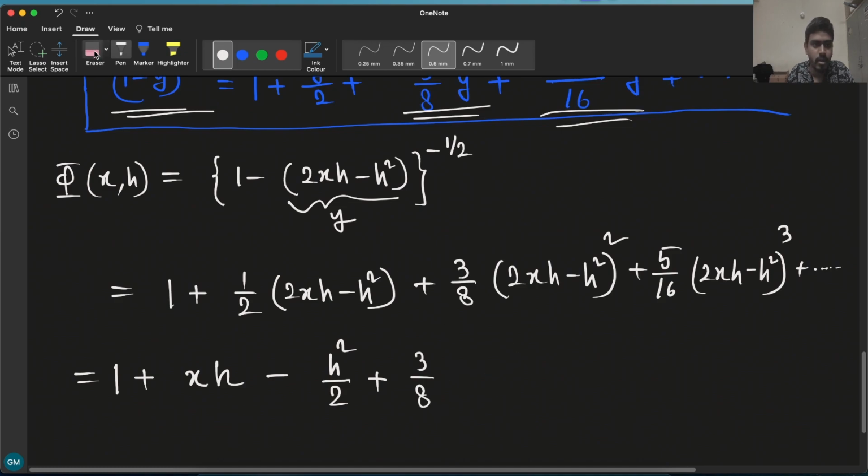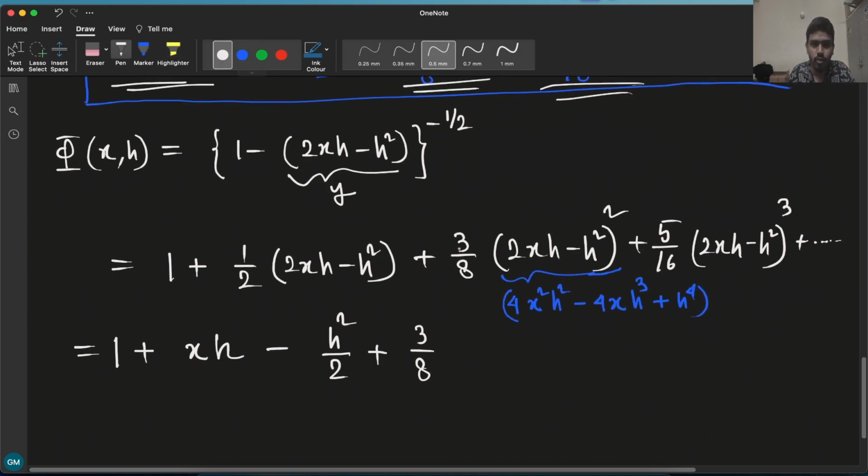Okay, let me expand it first. This term I can write as 4x square h square, so if I do the whole square, it will be 4x square h square minus 4x h cube plus h to the power 4.